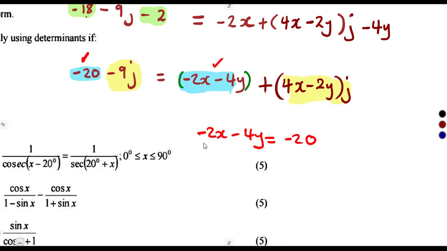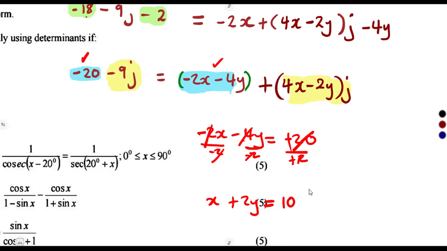You can even reduce this equation. You can see that negative 2 is common, so you can reduce by negative 2. So x minus 4 divided by 2 is positive 2y, is equal to a positive 10. So this is what we have: x plus 2y is equal to 10.